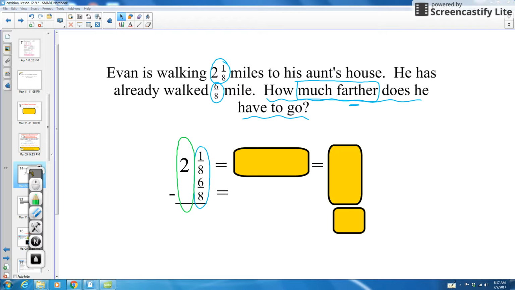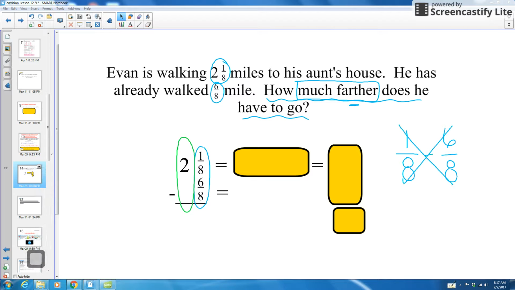When we were on the previous screen, it said we wanted to make sure that you could subtract your fraction parts. Well, if I was to bring this problem over here and rewrite it, I cannot do 1/8 minus 6/8, okay? I can't do 1 minus 6, so this does not work. So what we would need to do is look over to our whole number, the 2, and we need to regroup. But this is where when we're subtracting mixed numbers, it can get tricky.